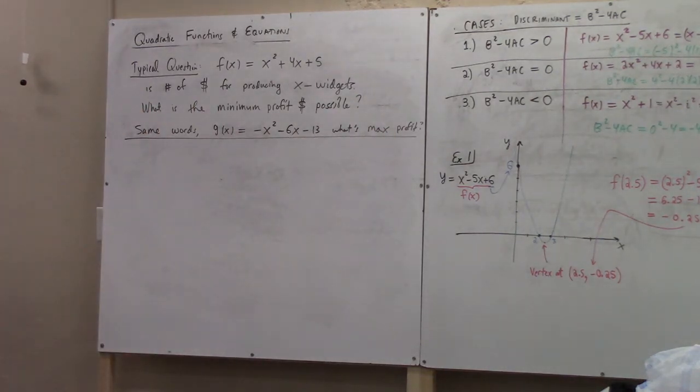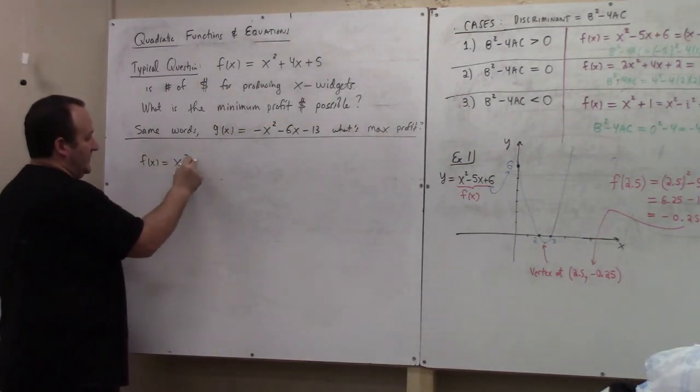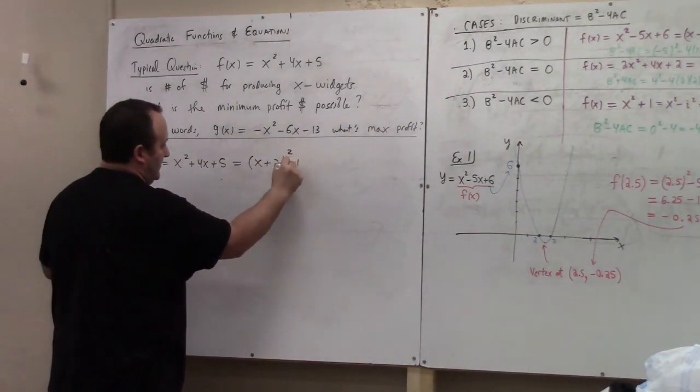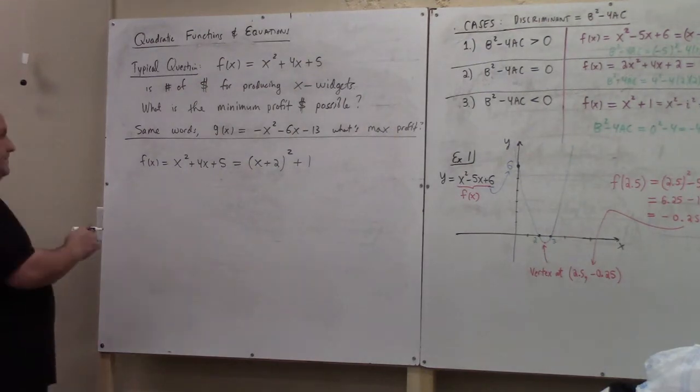So the way to answer these is to think graphically, right? Basically the vertex for the graph is where the minimum or the maximum occurs. Think about it. For f of x equals x squared plus 4x plus 5, if we rewrite that as x plus 2 squared plus 1, then what's the smallest that formula can possibly be? 1, right?